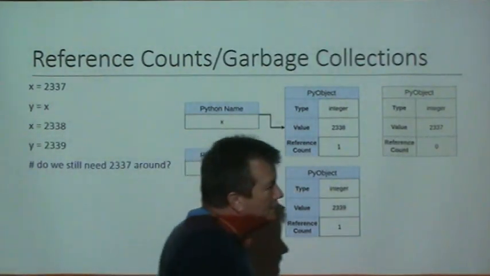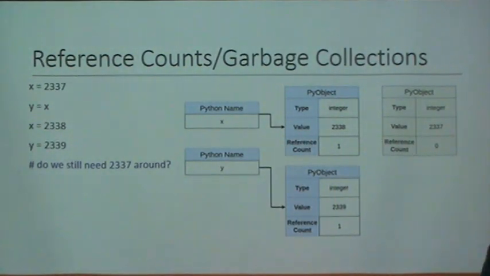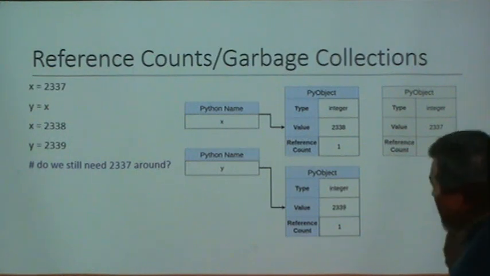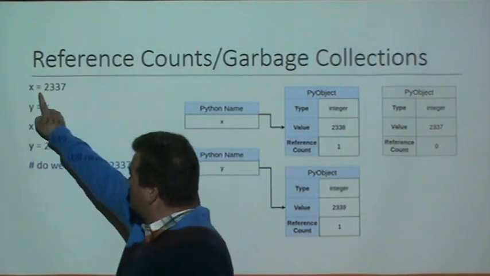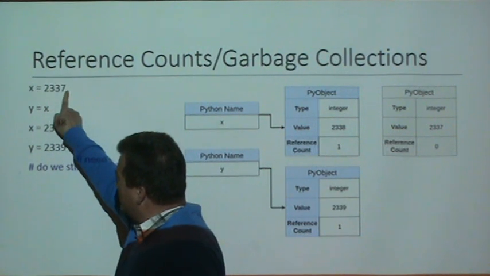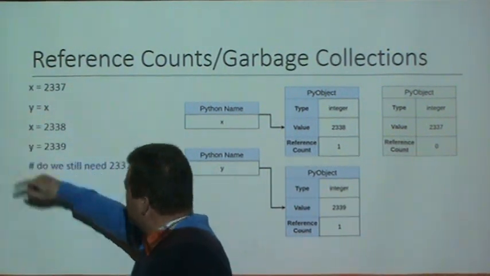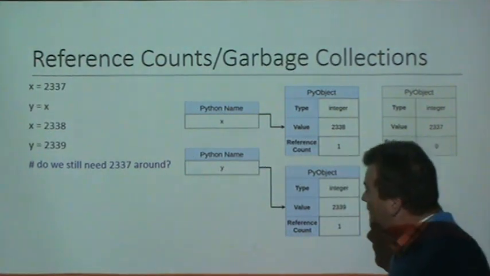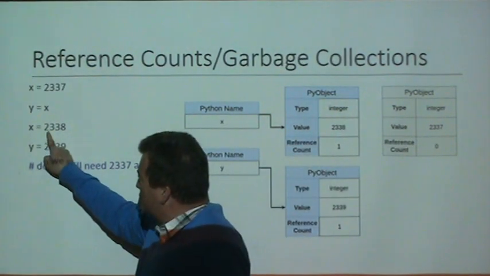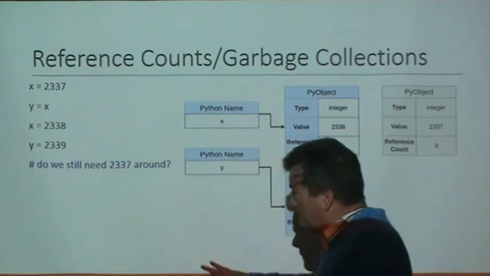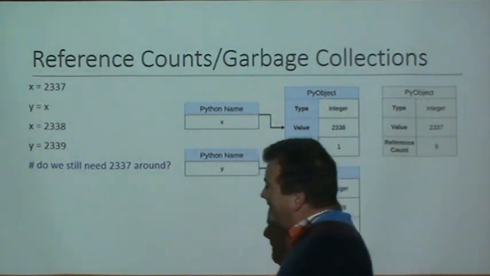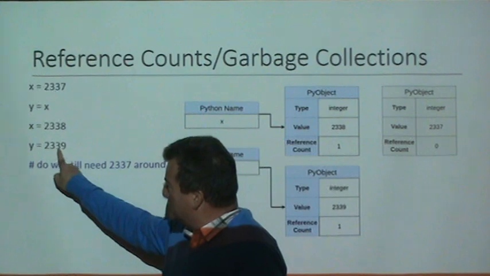There's this thing called garbage collection. Suppose, for example, we have x equals 2,337, y is equal to x. Now x equals 2,338, which means x and y are pointing to two different objects. And then y is equal to 2,339.